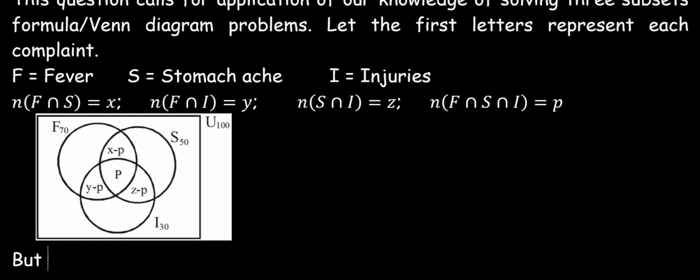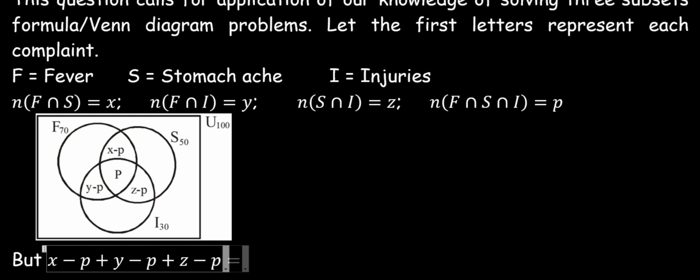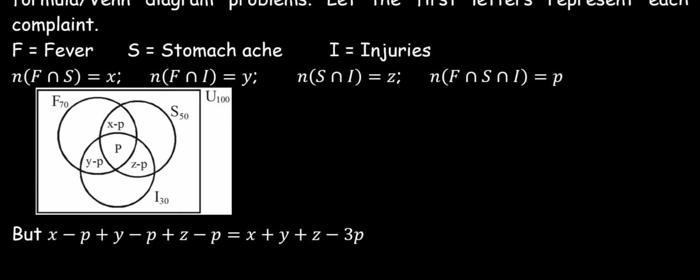X minus P plus Y minus P plus Z minus P is equal to X plus Y plus Z minus 3P. We have just done simple arithmetic here.